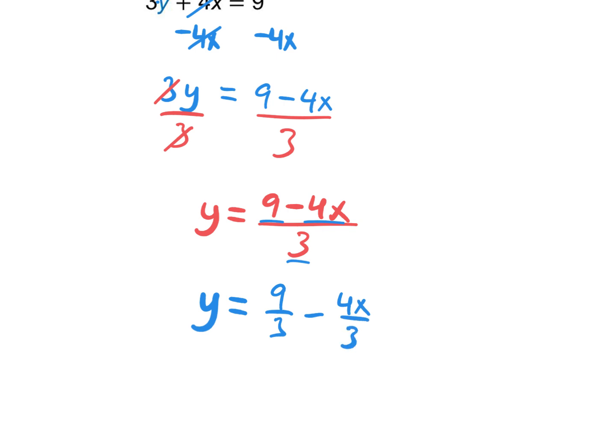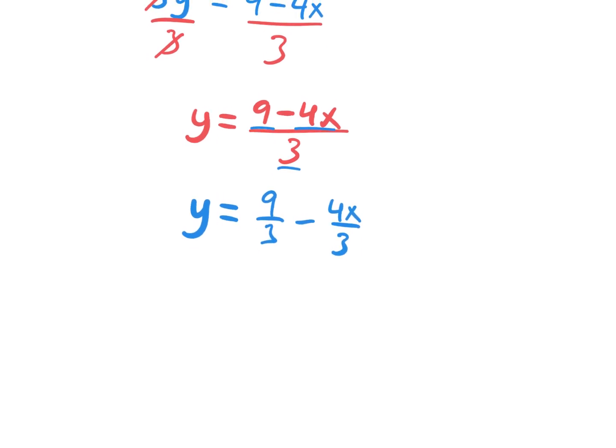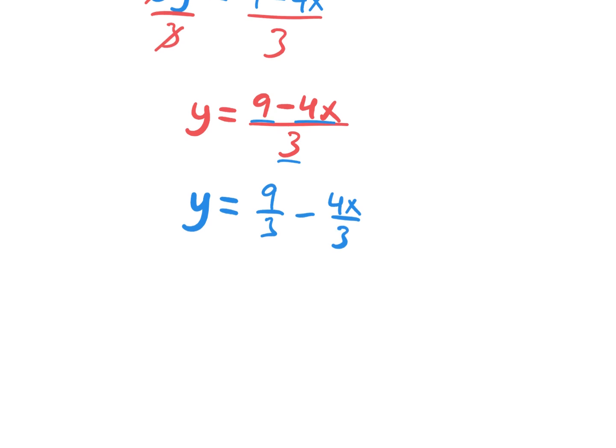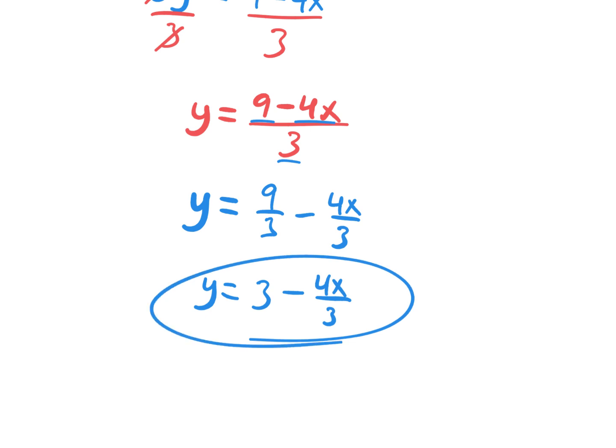Hopefully we know what 9 divided by 3 is. That's just going to get us y equals 3. And then 4 and 3, you can't simplify that, they don't have any common factors, so you just leave it alone. So we just get 3 minus 4x over 3. And there's our final answer.